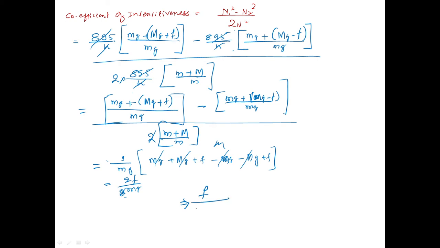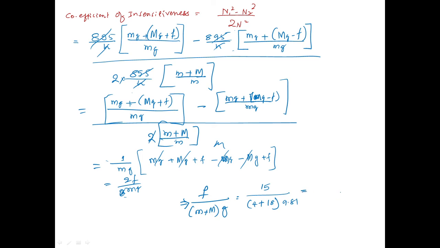F divided by small m plus capital M into G. You remember this equation for the Porter governor for finding the coefficient of insensitiveness. Now this will be in terms of percentage.